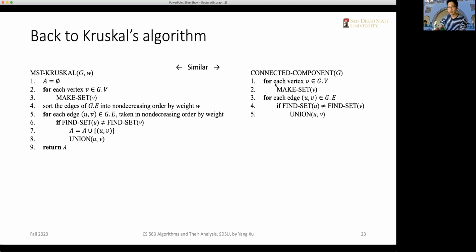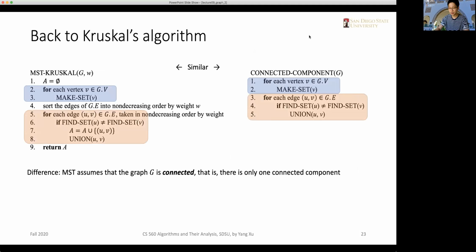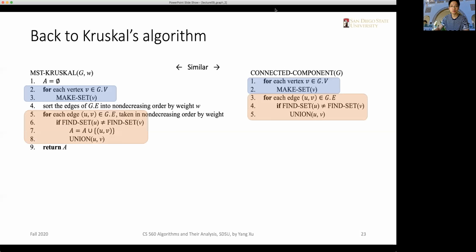And let's go back to Kruskal's algorithm. We can see they are quite similar. If we highlight these parts, they are exactly the same. And the second part is almost the same, except that we need to sort all the edges by non-decreasing order of their weights.